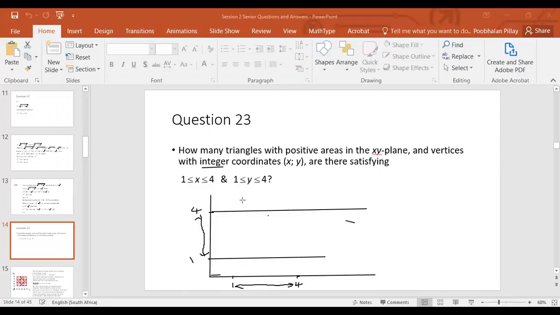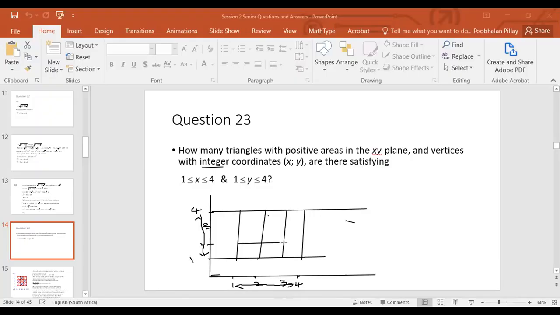I'm going to just draw that square, and I'm going to put down the numbers 2 and 3, which I should have done. 2 is here, 3 is here, and likewise 2 and 3. So we draw only 2 lines across, at 2 and 3. 1 and 4 are already there.